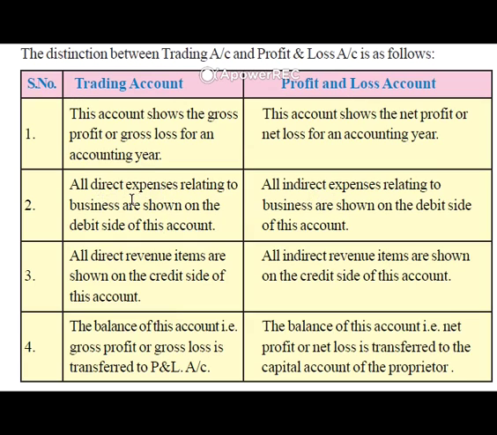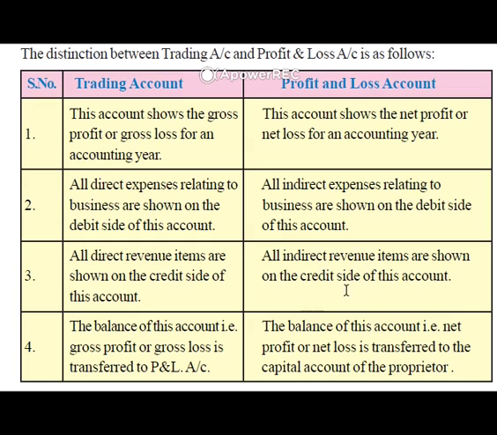Direct expenses are those which are helpful in the creation of material, such as carriage inward, wages, and factory rent. And indirect expenses are advertisement expenses, salary, promotion expenses, and miscellaneous expenses.